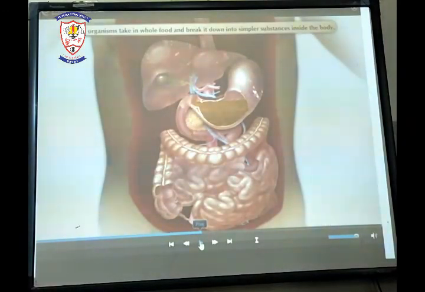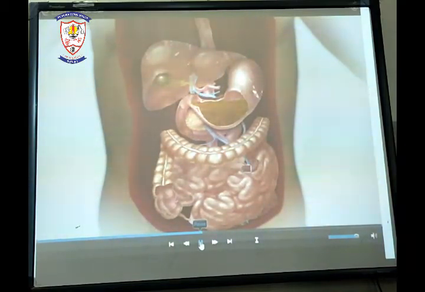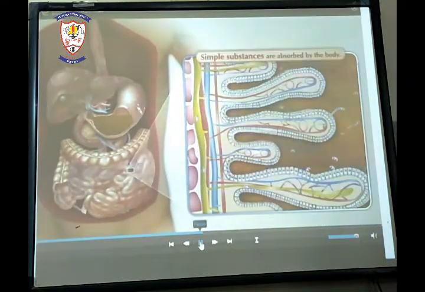Some organisms take in whole food and break it down into simple substances inside the body. Later on, these simple substances are absorbed by the body.